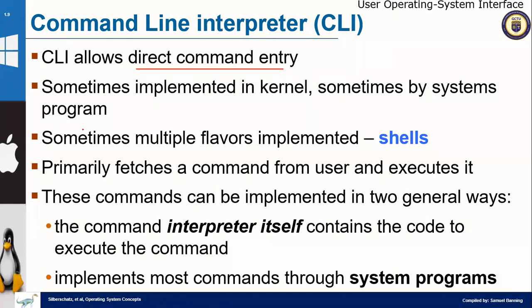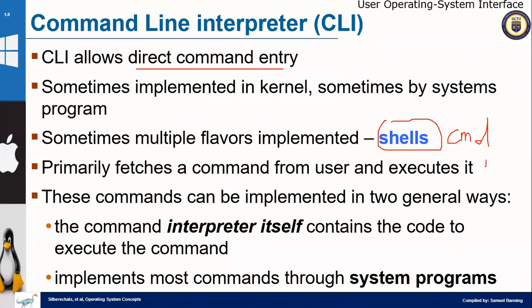Now there are different flavors of this command line implementation. On some computers, they are called shells. On some computers, they are called the CMD. Now, we are going to talk about these shells. They primarily fetch a command from the user and execute it.